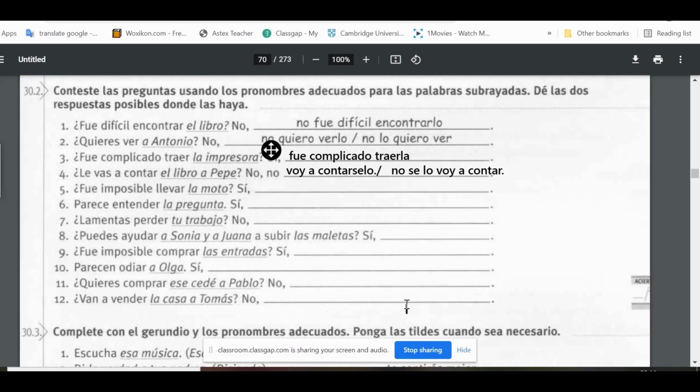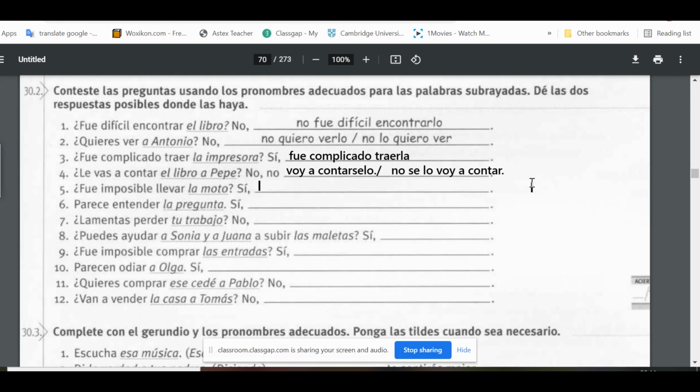Remember, this se has nothing to do with the reflexive se. This is actually le, but we change the letter to avoid saying lelo, because lelo is awkward. And why is Pepe le? Because Pepe is not the thing you tell or read. It's the book, the direct object. So it should be contar lelo, and le lo we don't use, so contárselo.